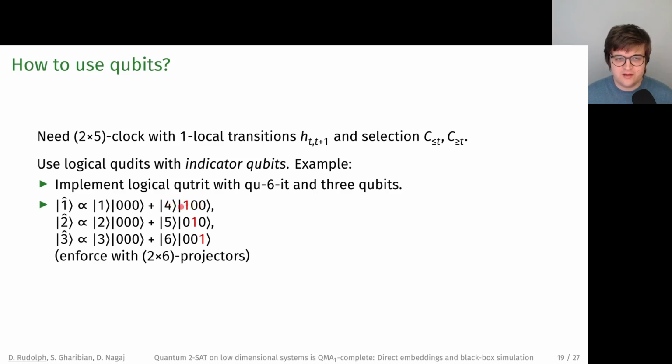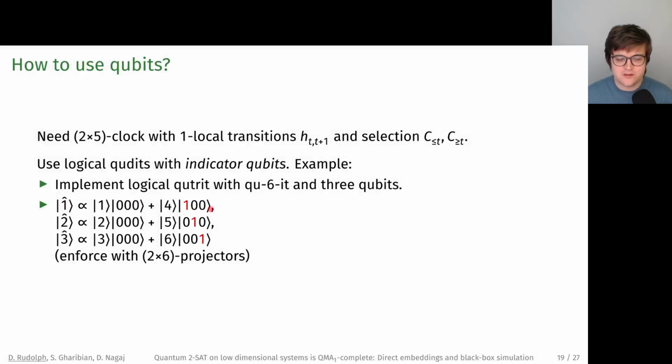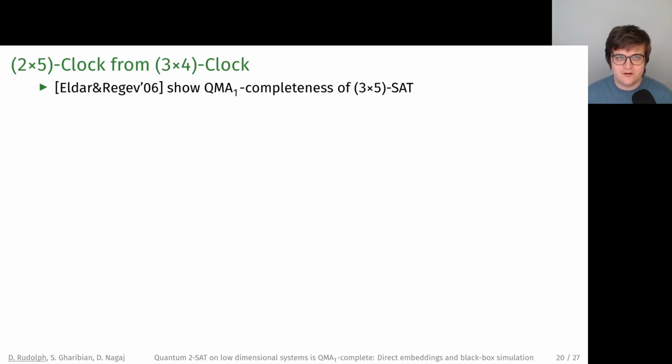So we have an indicator. So we could now do a projector that just selects the 1 head with a 1-local qubit projector. And this structure here can be enforced with 2-local projectors. But still, to use a qu6it to implement a logical qubit is not good enough. So we need a more clever approach.